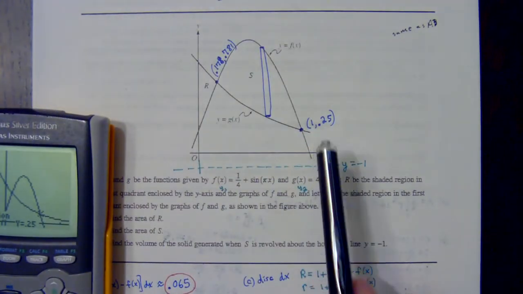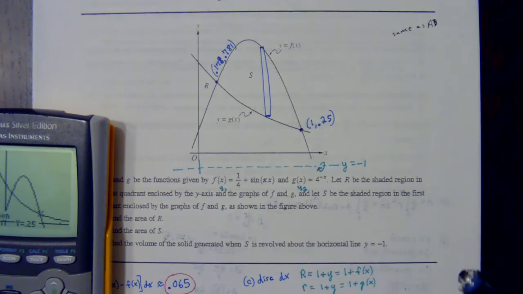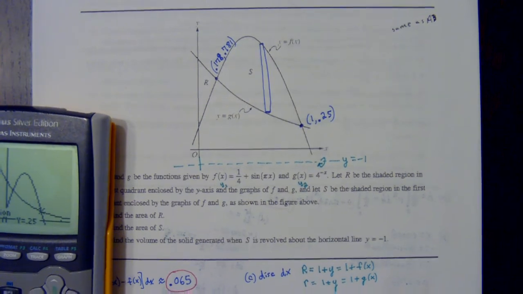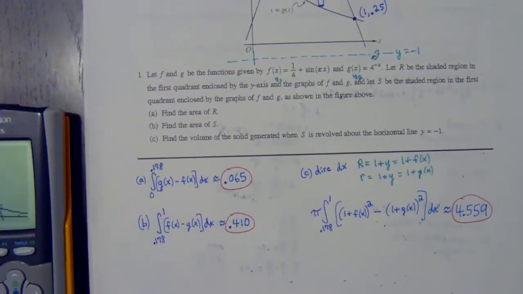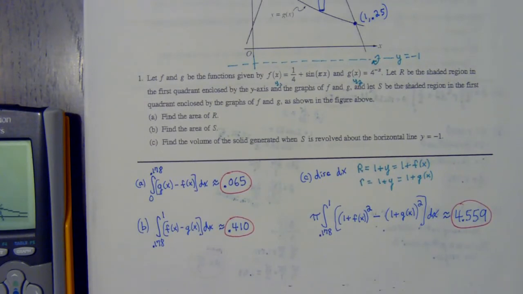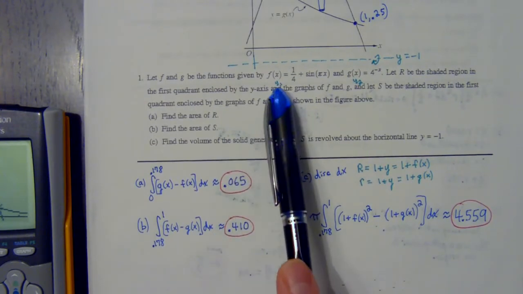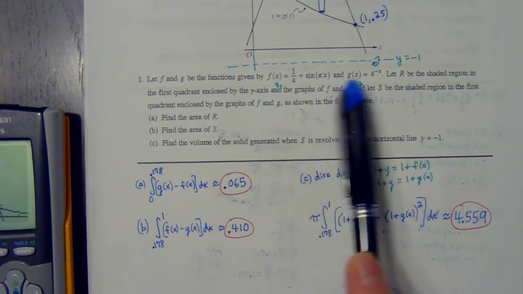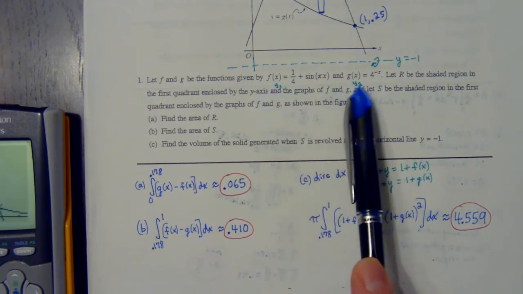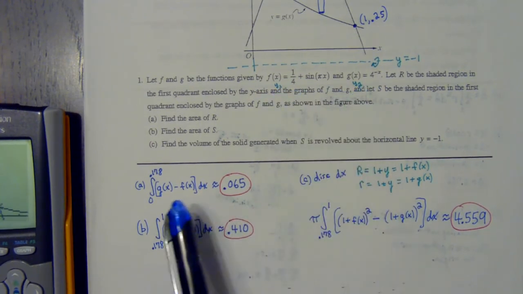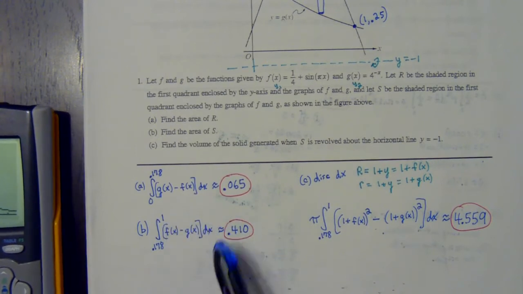So one thing, we've got to be able to graph it. We could play around with that zoom in feature a little bit. And we've got to find those intersection points right there. And then as you're doing the Math 9, we work with the Math 9 quite a bit. I just want to mention on this problem, I kind of made a note for myself when I entered these into the calculator that this was my Y1, this is my Y2, because when the time comes to find an area, I've got a whole other video explaining how to do this problem.